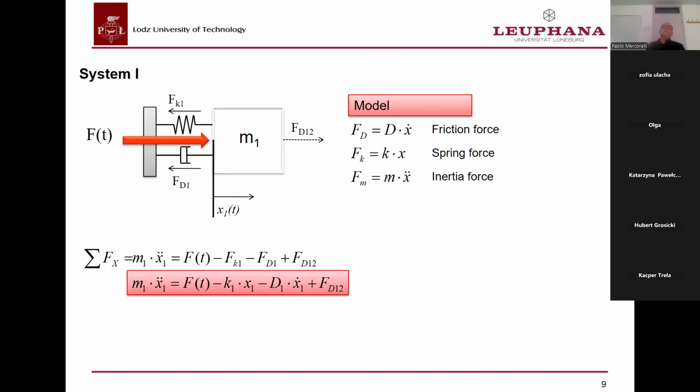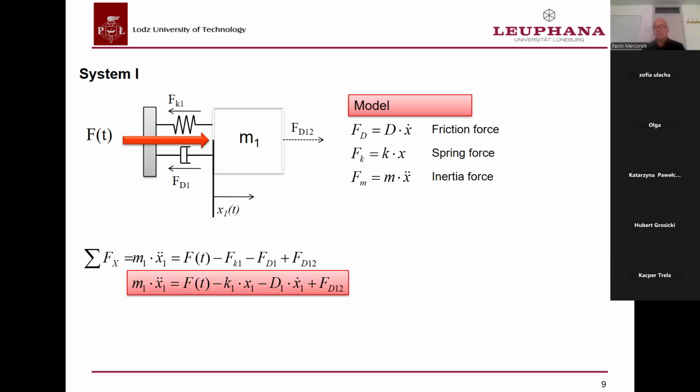Here, let me show you how we can build the Newton model, which we will use also later in a more practical example, the example which I would like to simulate with Simulink. We can see on the left part that the model consists of basically three forces. Everything is inspired by this expression here, in which m1 multiplied by the acceleration of x1, this means x1 dot dot, equals the sum of the forces acting on the mass m1.